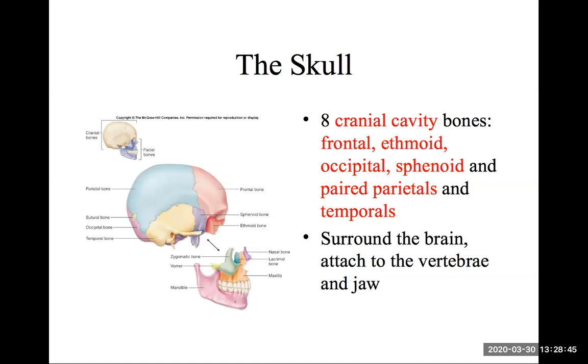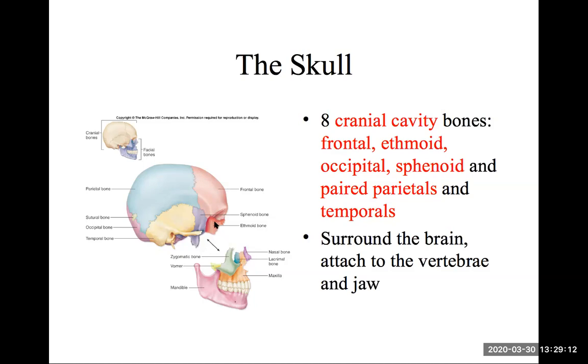Let's begin by looking at the bones of the skull. There are 8 bones which are considered to be the bones that create the cranial cavity. If you take a look right here where we've separated out the skull, you can see that all around the space that will later be occupied by the brain, we have these cranial bones. That includes one frontal bone, one bone here called the occipital.